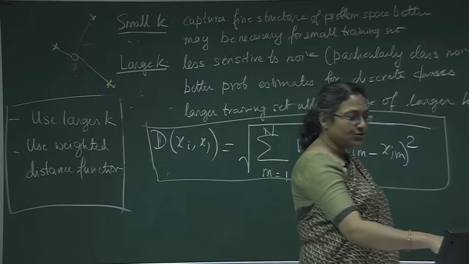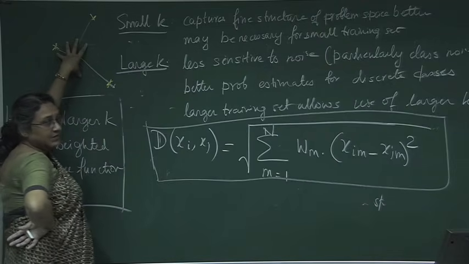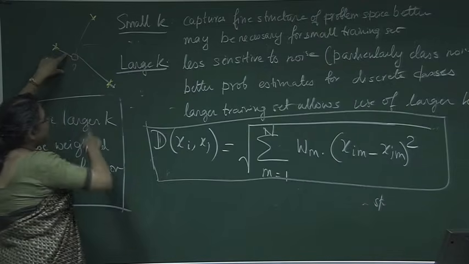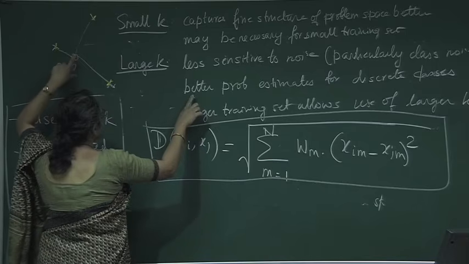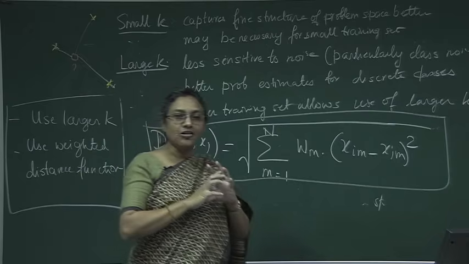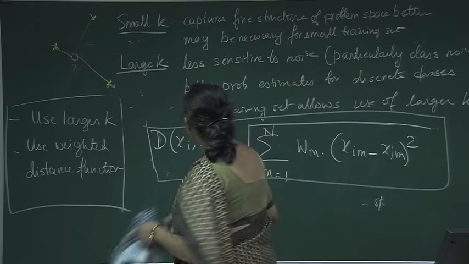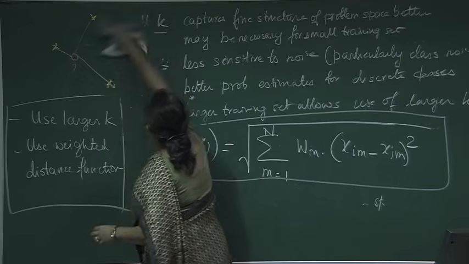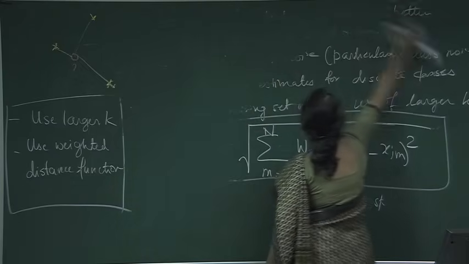So, if k is the total number of training points, we can define a weighting function so that the weight of nearby points will have some reasonable values, but further training points also get some weight, and that weight function falls off rapidly with distance. For example, you could think of a weighting function based on a Gaussian function.